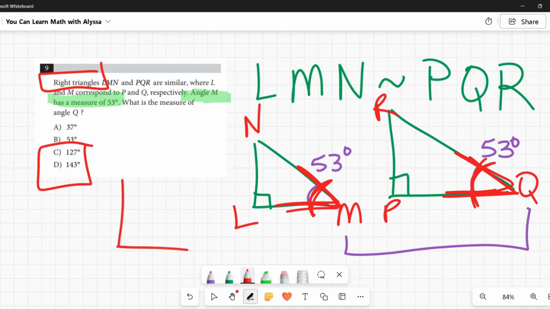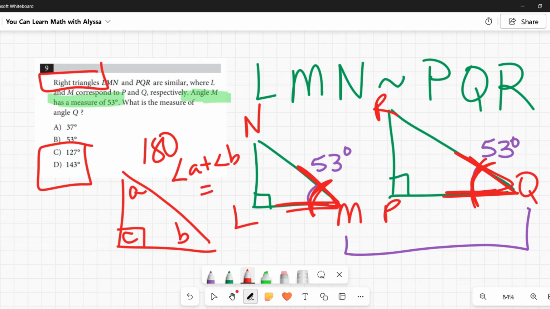As soon as you've got a single 90-degree angle, since all three angles add up to 180, the other two together must be 90. So if I call this angle A, B, and C, angle C is 90, then angle A plus angle B equals 90 together. 90 is the biggest, the others added together equal 90. So no, it is not possible to have one angle in a right triangle that's 127 or 143 degrees.